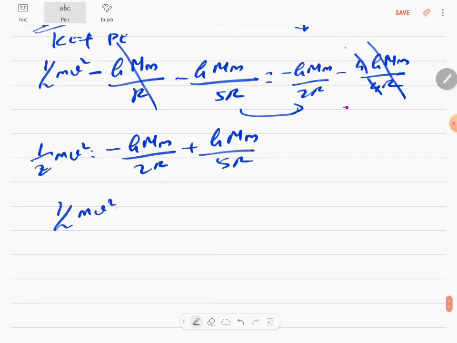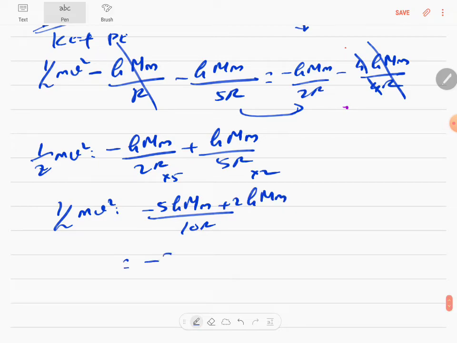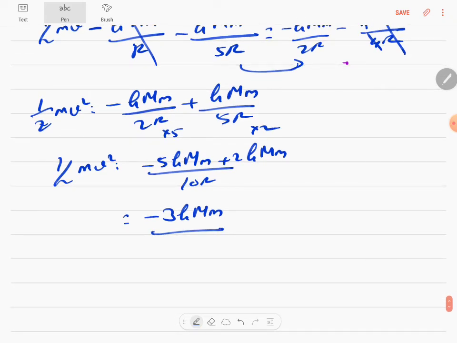Half mv square itself, 10r is the LCM, so into 5 and into 2. So minus 5GMm plus 2G capital M small m, which will become minus 3G capital M small m by 10r is equal to half mv square.